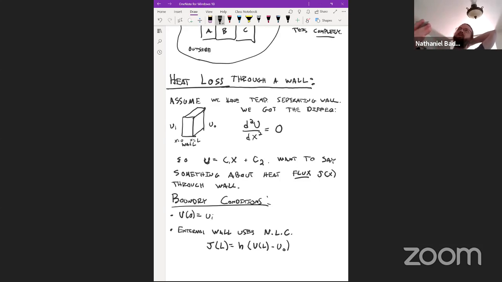So we have positive heat flow outside. Again, just thinking about signs, we've got positive heat flow outside, provided that at the boundary, the temperature outside is lower than the temperature inside. Good, so the sign checks out.